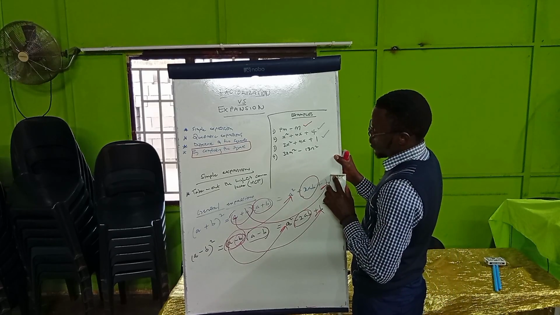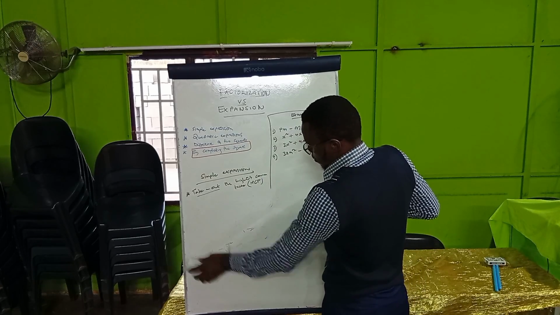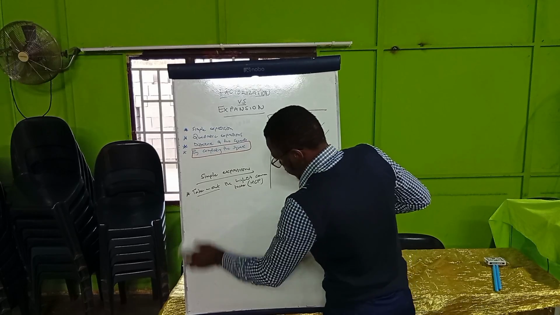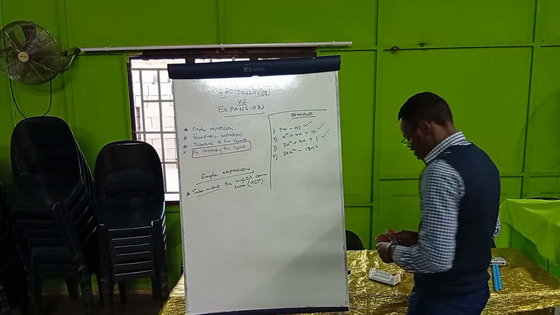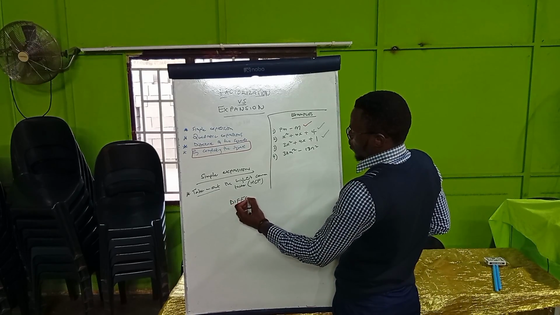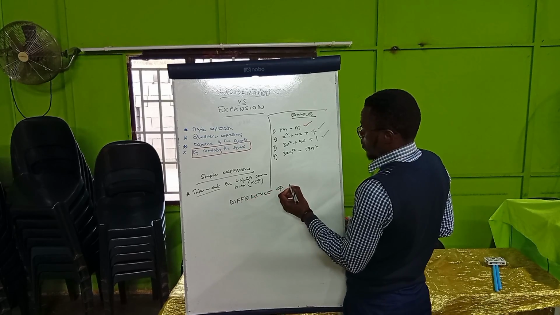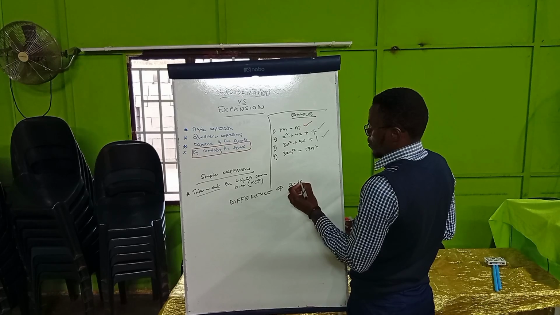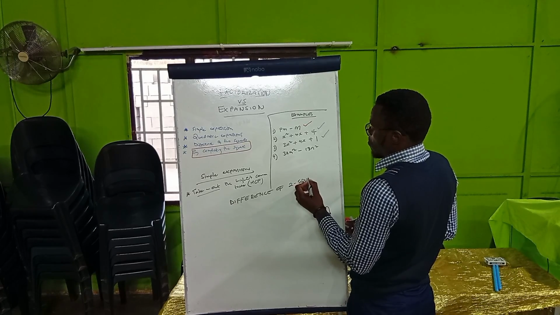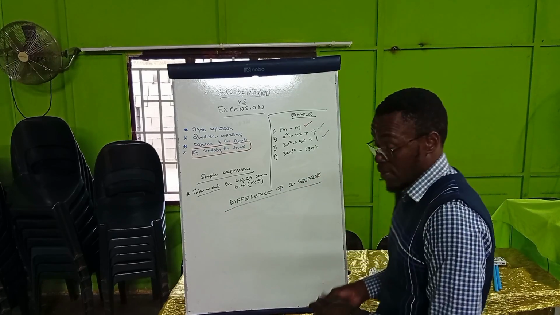So now we can move on to the difference of two squares. So I have already highlighted that it comes from the definition itself.